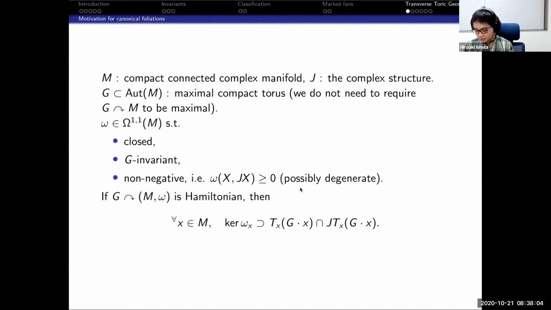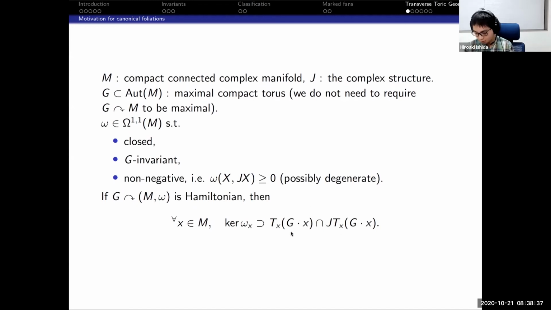Namely, this quadratic form may have a kernel. So if the action on this manifold with the two-form is Hamiltonian, then we can see that for any point x, the kernel of this two-form contains the following vector subspace.